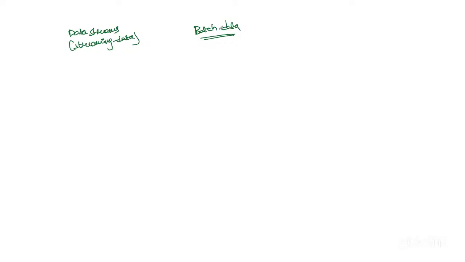If you have batch data, you can read the data and apply your transformations on it. We know that. Now here, to handle the continuously coming data, that is streaming data, we have two methods: recompute, and incremental processing.